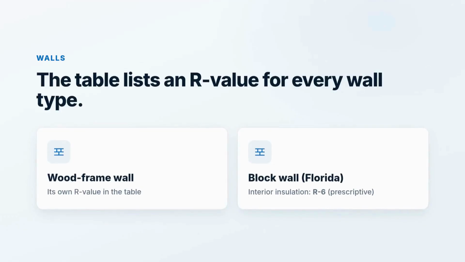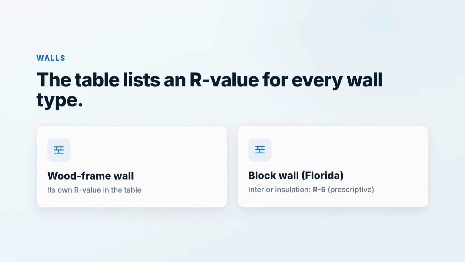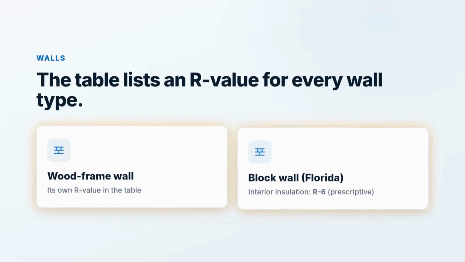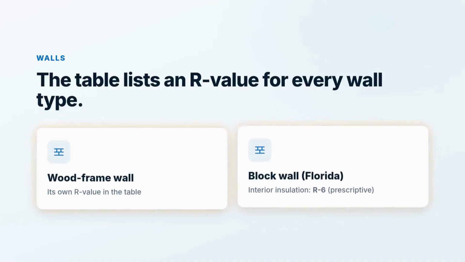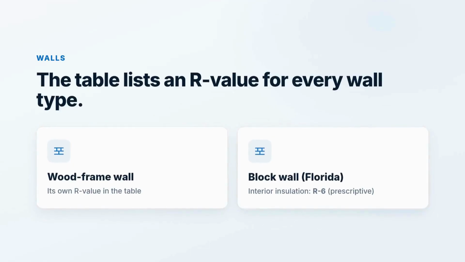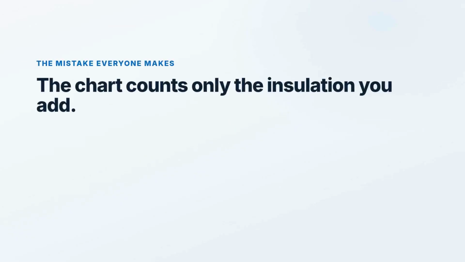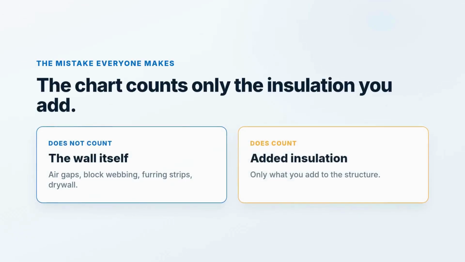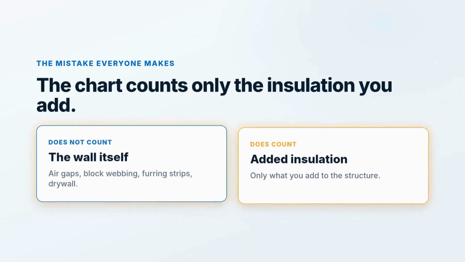In Florida, if you have a block wall and the insulation, which typically it almost always is on the inside of the block wall in Florida, you must have R6 if you're doing the prescriptive method. And here's one thing that a lot of people, especially architects, builders, and even some HVAC companies get wrong.